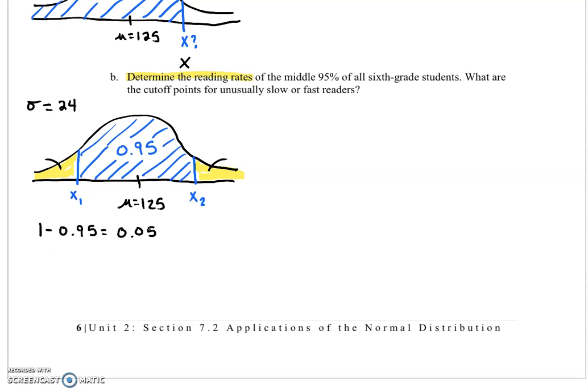That 0.05 is divided evenly between those two tails. So we take it and divide it by 2, and we get 0.025. So each tail has an area of 0.025. And then remember, we have two separate problems.